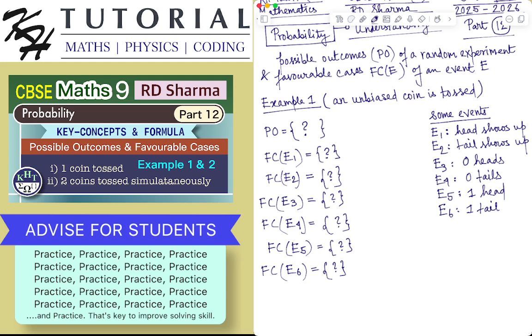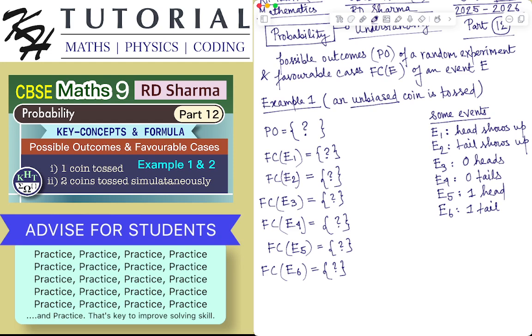Now what is meant by an unbiased coin? You might have heard of biased and unbiased coins. A coin is said to be biased if, when you toss it, the number of times the head appears and the number of times the tail appears, their frequency is not the same. For an unbiased coin, it may not be exactly the same, but very close to each other.